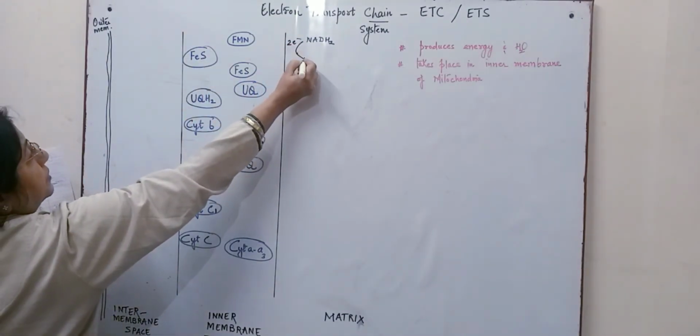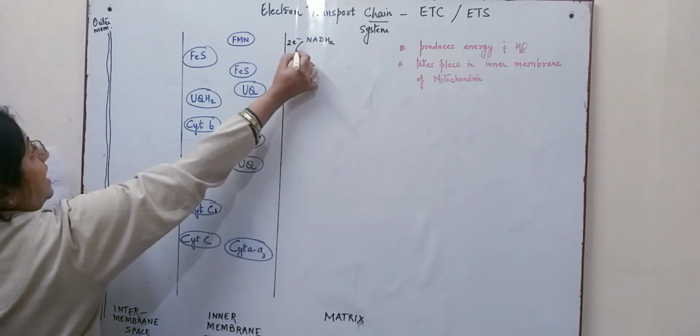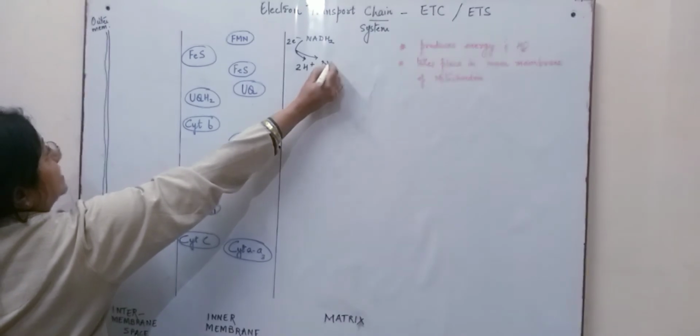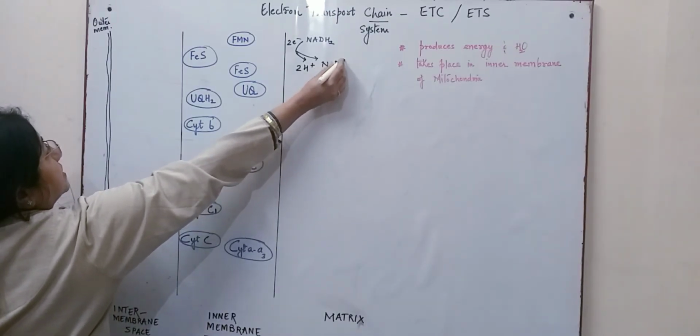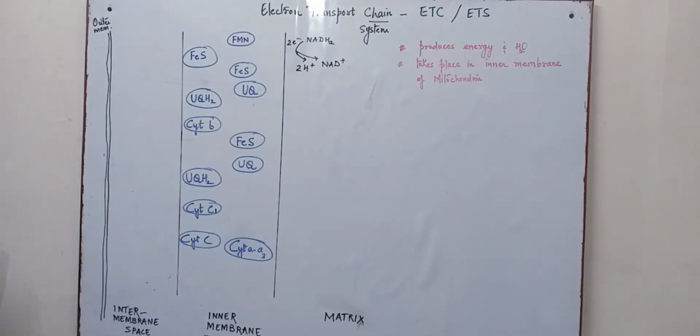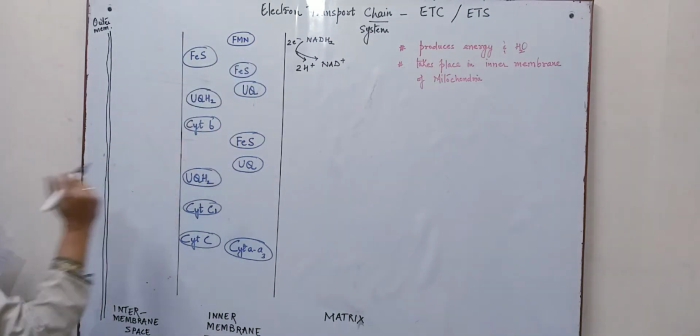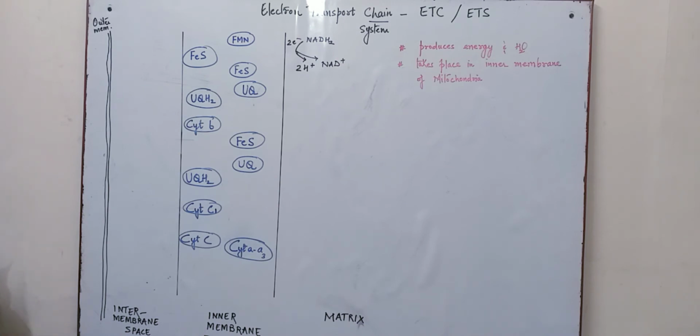Also, it produces protons, and the NAD is regenerated. This NADH2 is produced during the Krebs cycle and the glycolysis process. Now, over here, this electron will be passing through this series of electron acceptors.